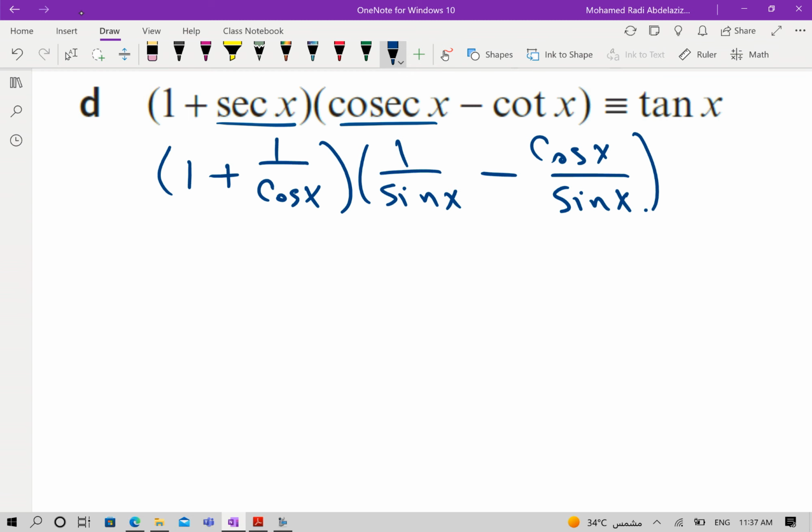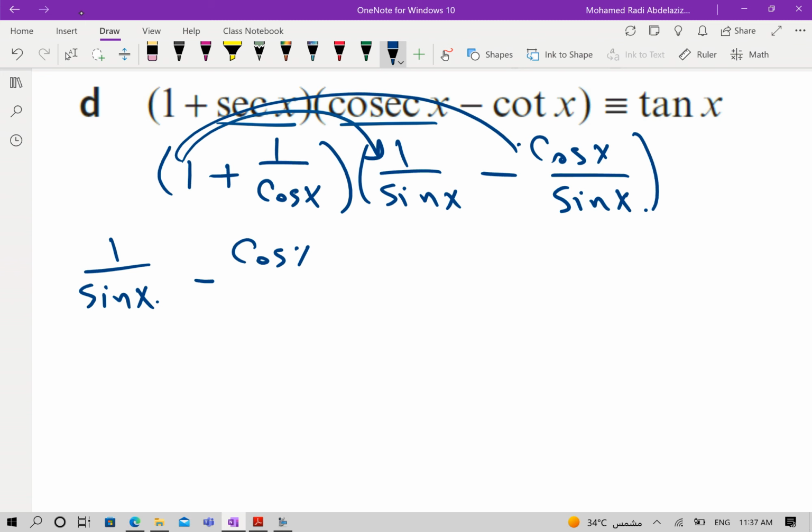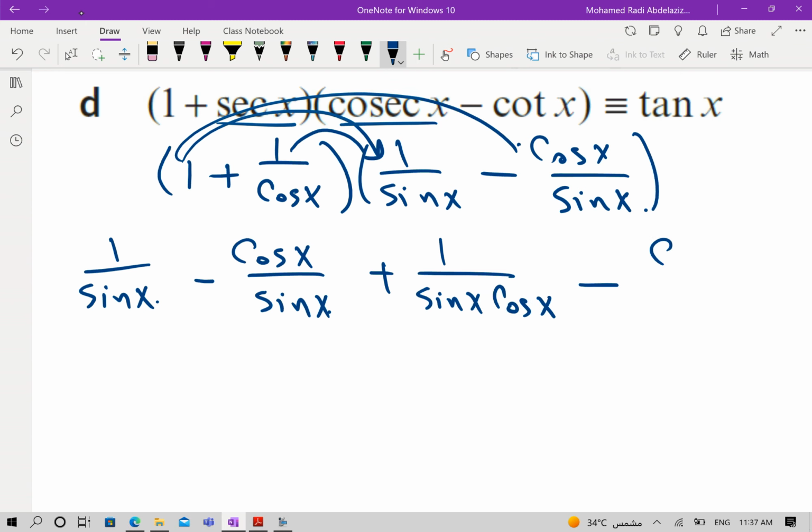You can expand: 1 times 1 over sine x, 1 times minus cosine x over sine x, times 1 over sine x cosine x, times cosine x over sine x times cosine x.